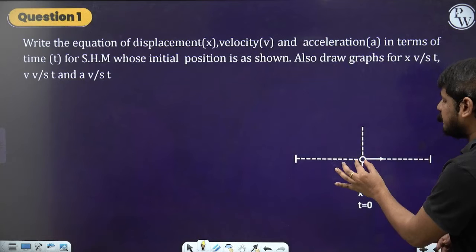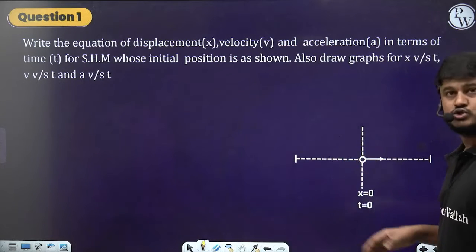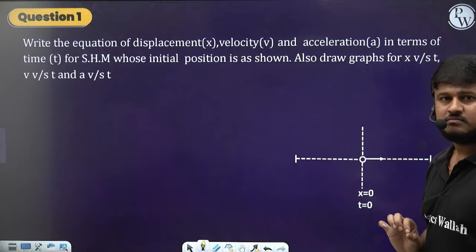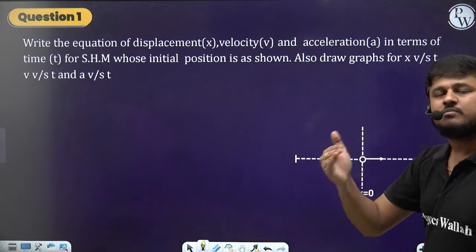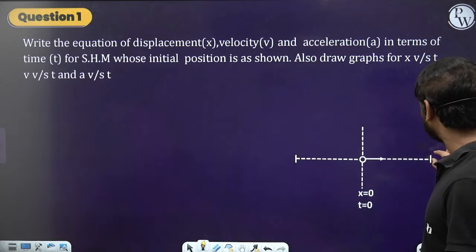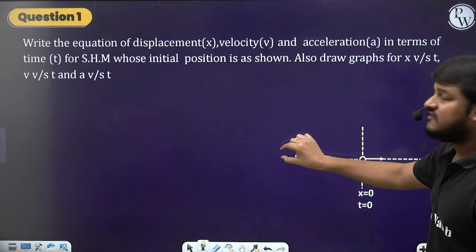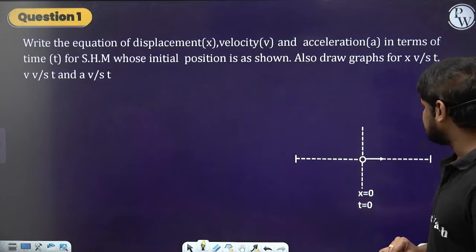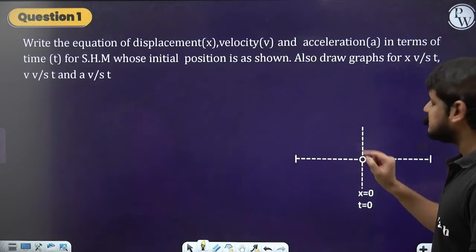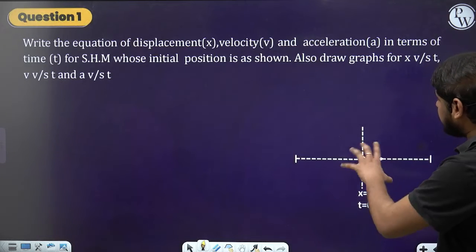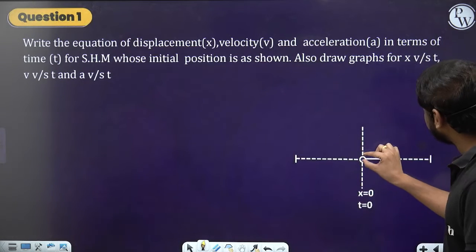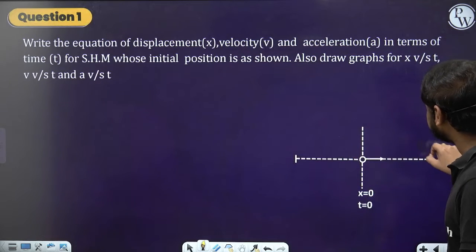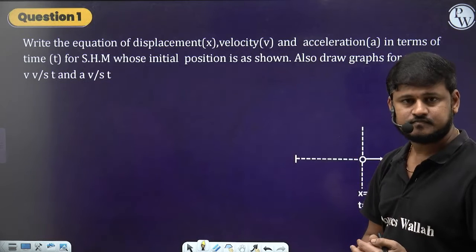If the particle starts at time t equals 0 from the mean position, it performs S.H.M going to the right extreme, again mean, then left extreme, again mean position. This is one complete oscillation. Or it can start from the mean toward the left side first, and again mean, again right extreme, again mean. That is also S.H.M, right?